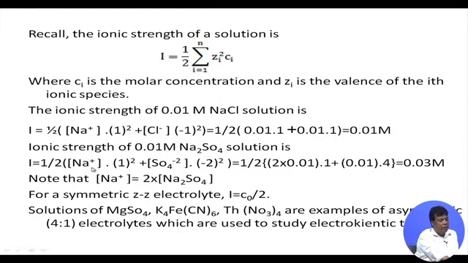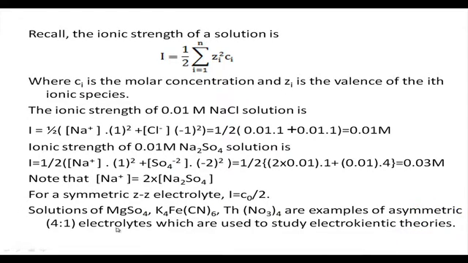One has to obtain the concentration of Na plus, which is twice the concentration of Na2SO4, and we get for a 0.01 mole Na2SO4, the ionic strength is 0.03 mole. Now, in several situations, we may have salts such as MgSO4, K4FeCN6 and this kind of thing.